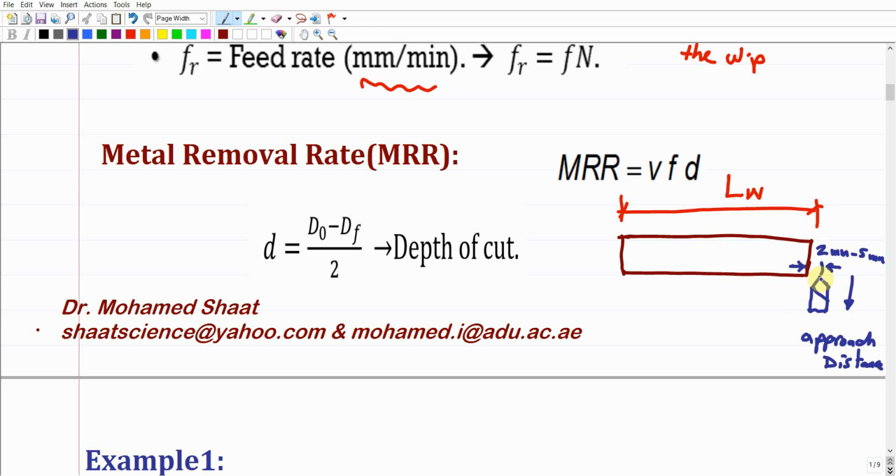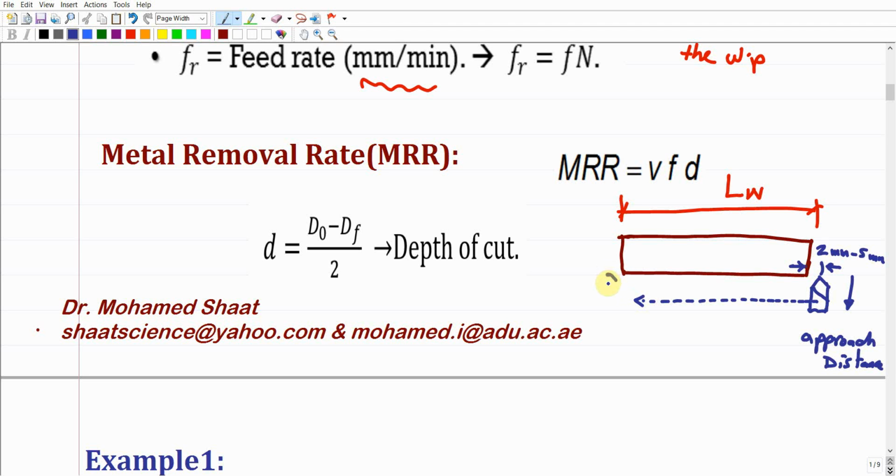Then you're gonna apply the feed. So the tool will continue moving with feed till the end of the work part. It doesn't actually make sense to stop exactly at the end of the work part, because we are not sure that we didn't miss some small portion of the work part that won't be cut by turning. So we have to skip over the edge and override.